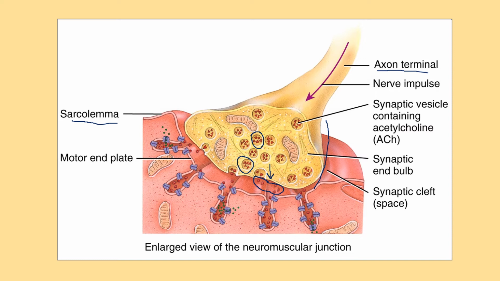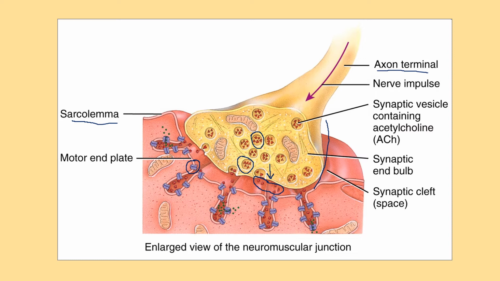Surprise! No, you're not surprised by that at all. So these little lavender or periwinkle molecules embedded in the plasma membrane of the skeletal muscle cell are acetylcholine receptors. They're proteins. They have a particular three-dimensional shape that allows acetylcholine to bind to them. And they are ligand-gated ion channels.